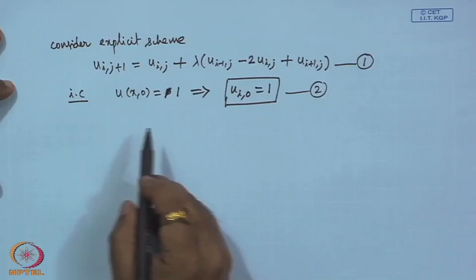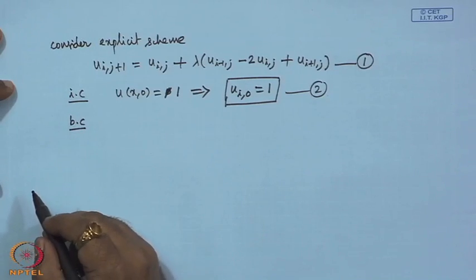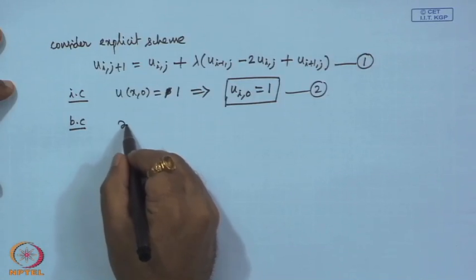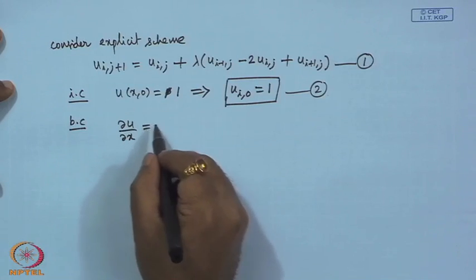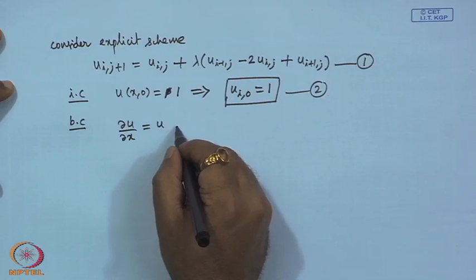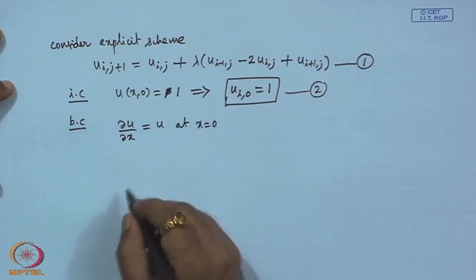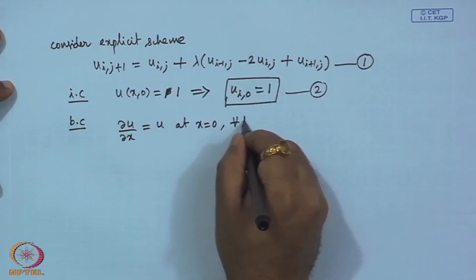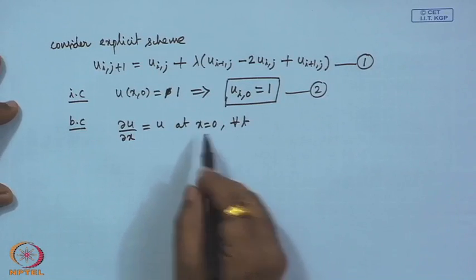Now, consider the boundary conditions. du by dx equals to u at x equals to 0 for all t. So, this was the condition, we have one of the conditions at x equal to 0.